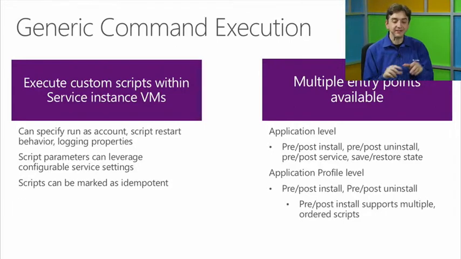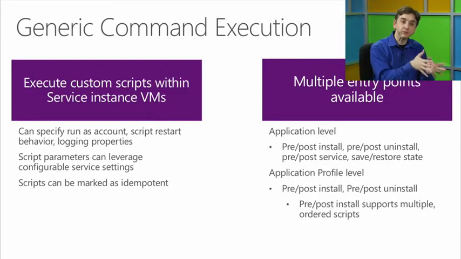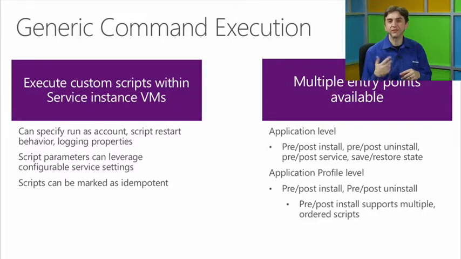Or I can do it at the level for each of the different applications that I'm installing. So if I'm installing an MS Deploy package and then a second MS Deploy package, I can create a pre and post for each of those types of things. I can also specify what it does for deployment as well as for things like updates and those types of things.